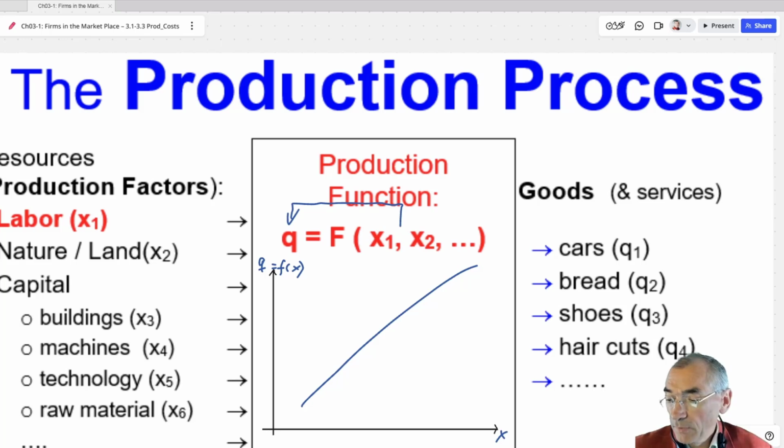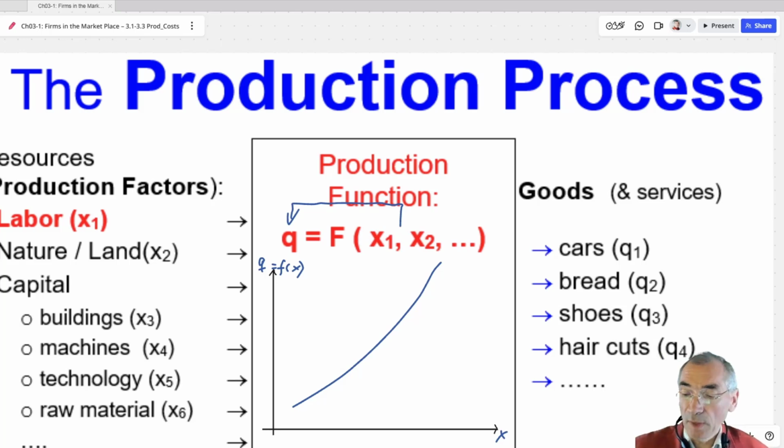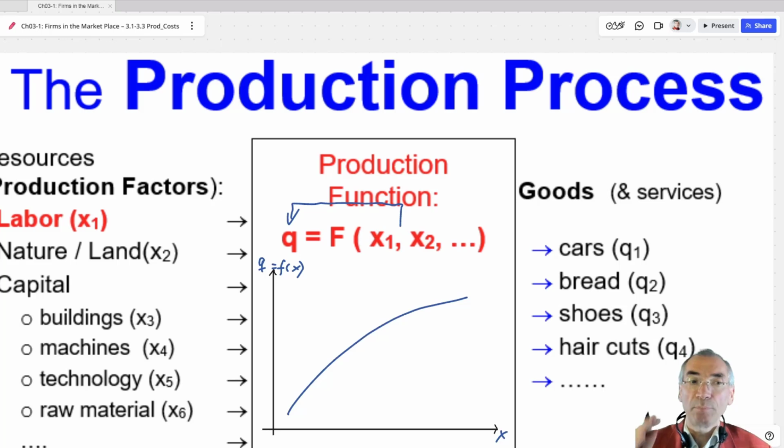But is it linear as I did here? Is it progressive? The more input factors I put into this, the even higher the marginal product? Or might it even look like this? In fact, a production function that basically looks like this, where the marginal effect of one more X, of one more input, becomes a bit smaller, at least at the end, that's a more typical production function.